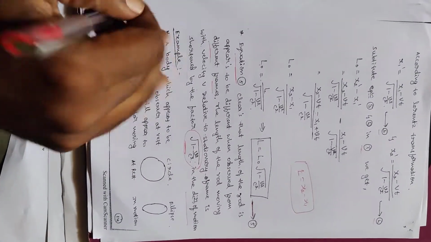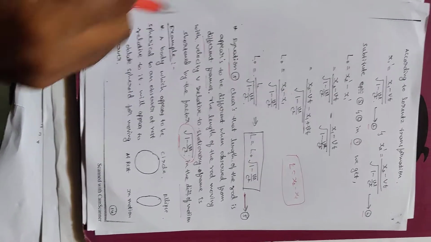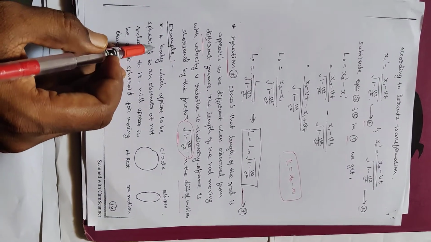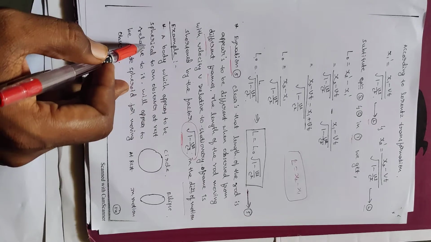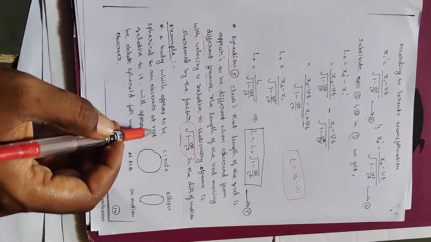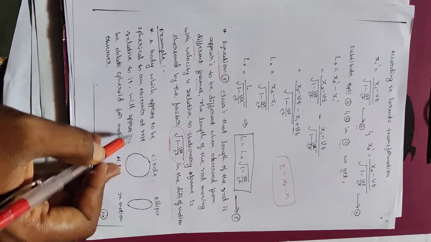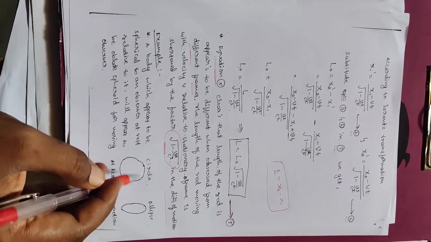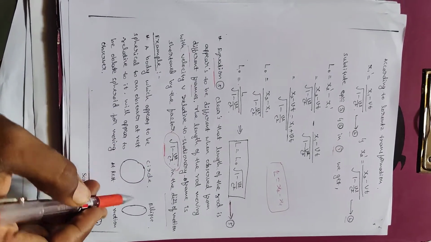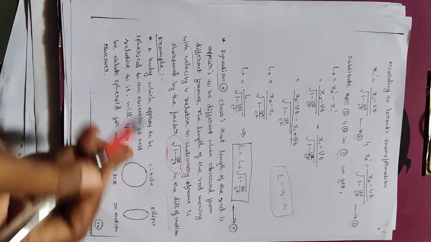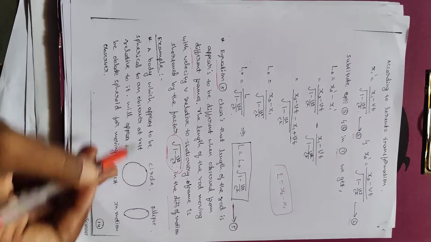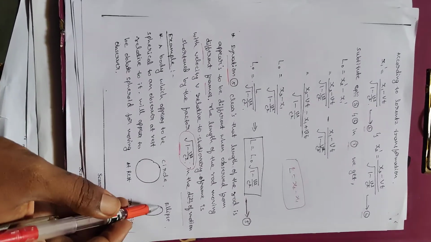Now, examples of length contraction. A body which appears spherical to an observer at rest looks like a circle when at rest. When it moves with velocity v, it appears like an ellipse.